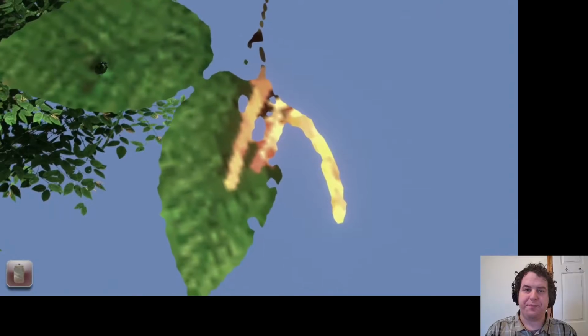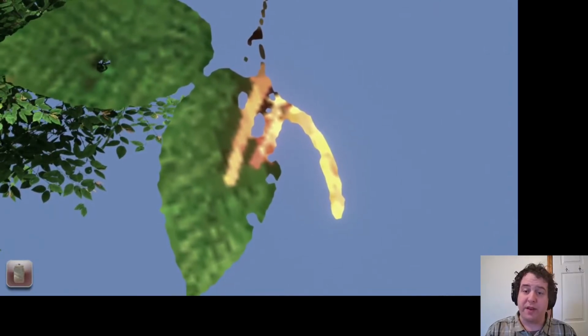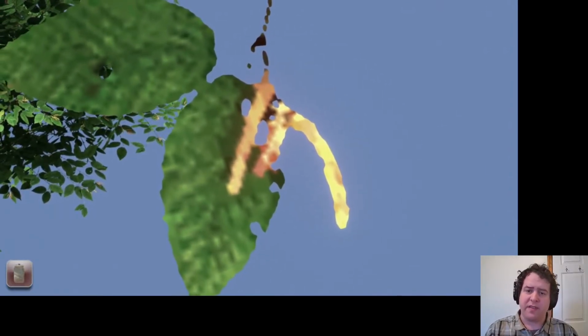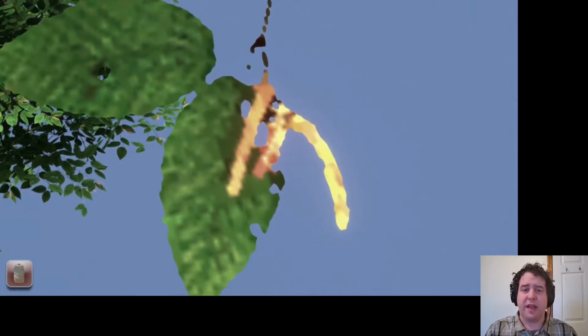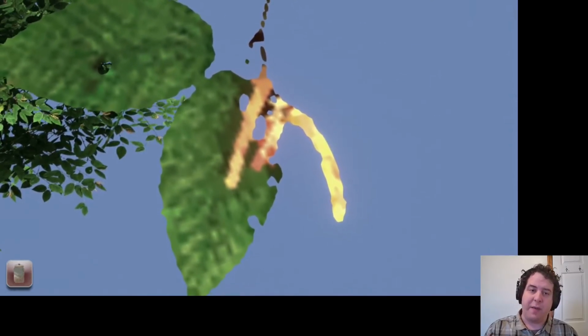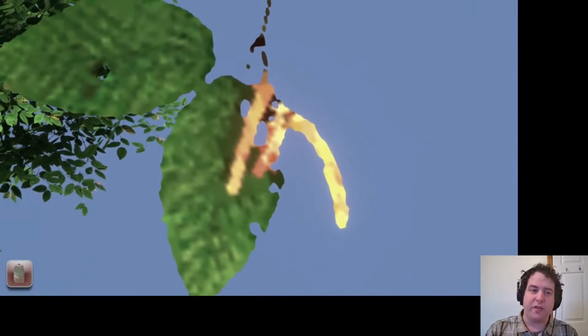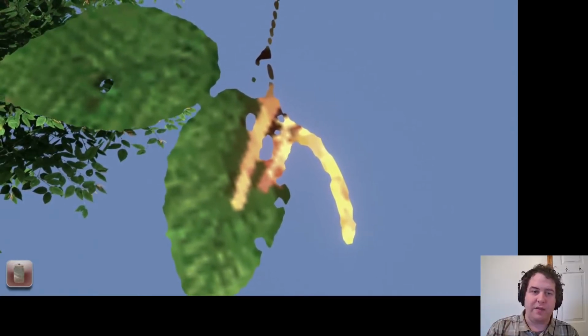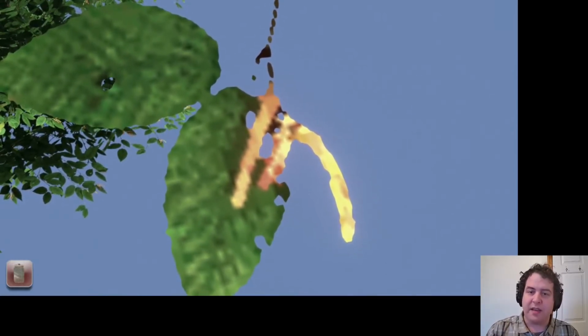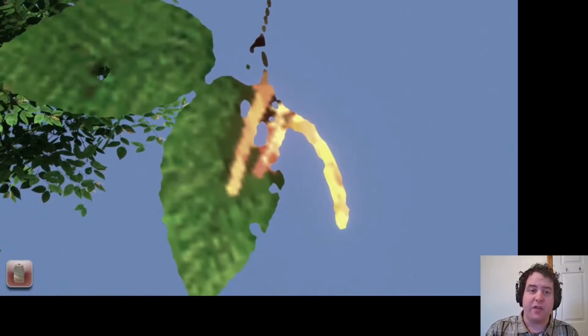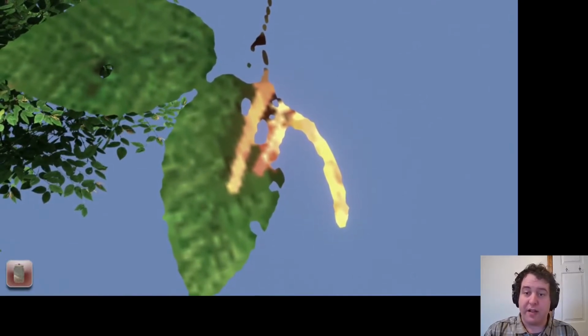Here in Walden the video game, it's much harder to see the individual pixels of a texture. We have to get our camera very close to the texture. If you look at the faraway leaves, you really can't see the underlying pixels of that texture. You really have to look very closely.